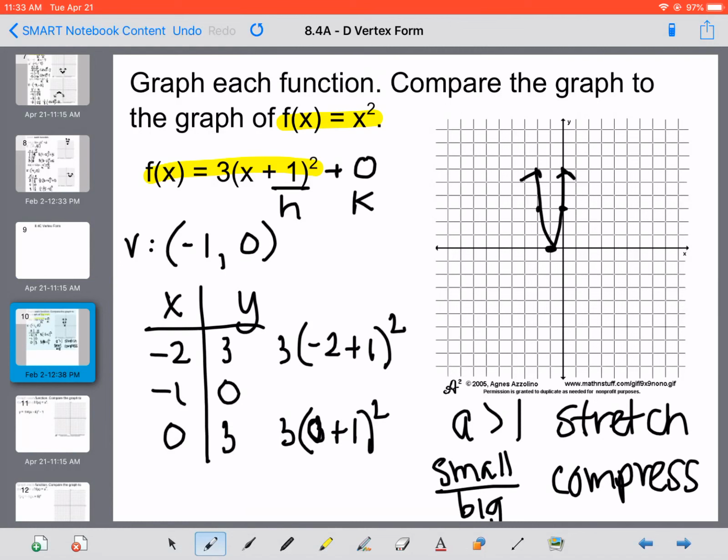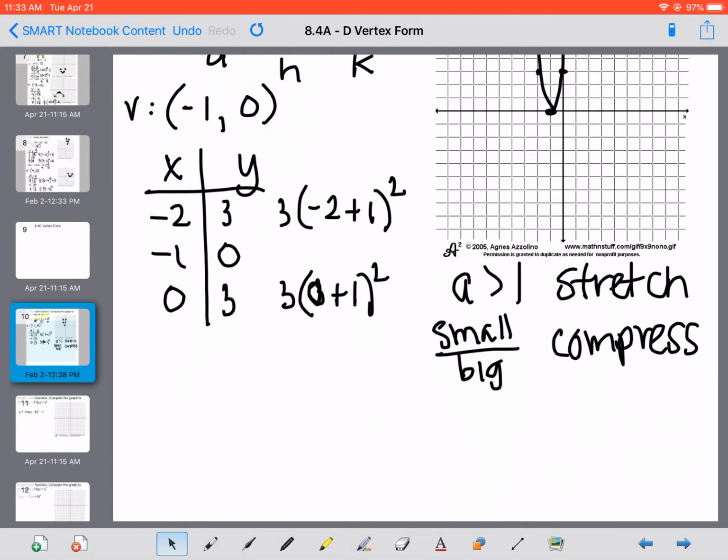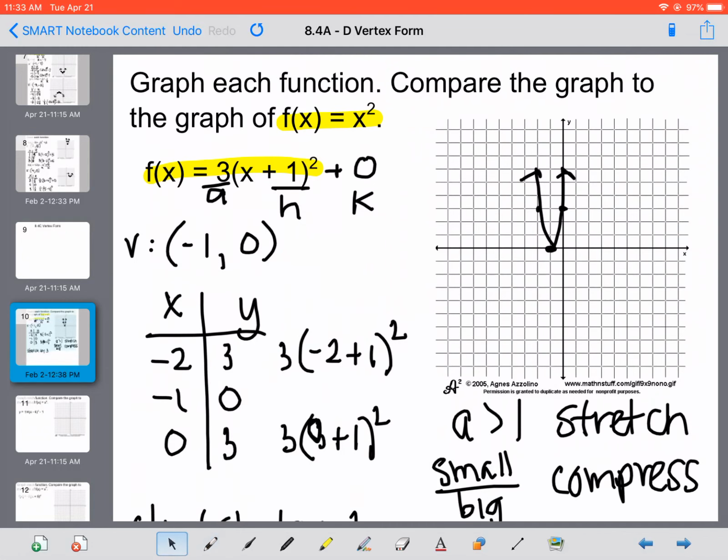So in this case, a is 3. This is our a. And so since a is 3, a is bigger than 1, which indicates that this is stretching. So we would write that we are stretching by 3.